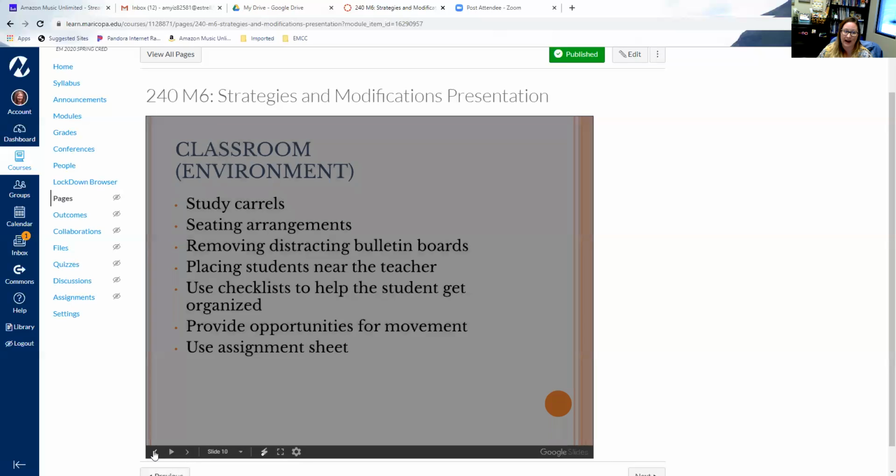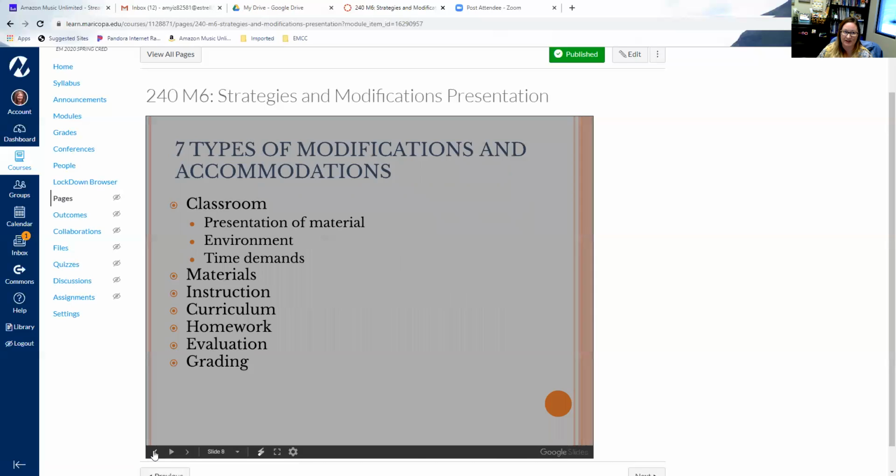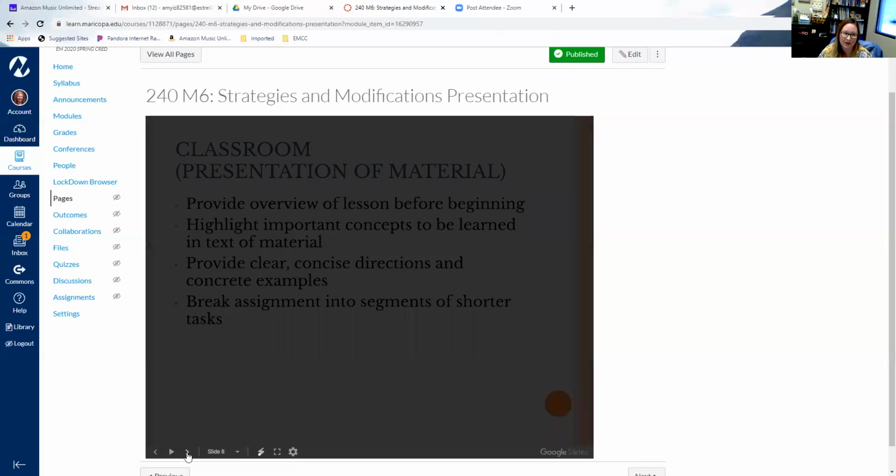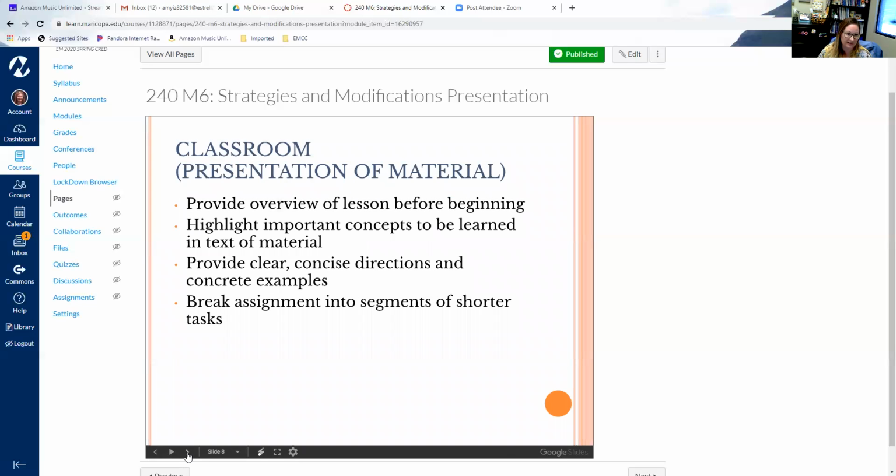So in looking at that slide of the 7 types, remember that those 3 parts are all a part of classroom. Okay, so when we talk about the presentation of material, maybe we have to have a teacher pre-teach or give some information about a lesson prior to doing that lesson with all of the students to our individual.